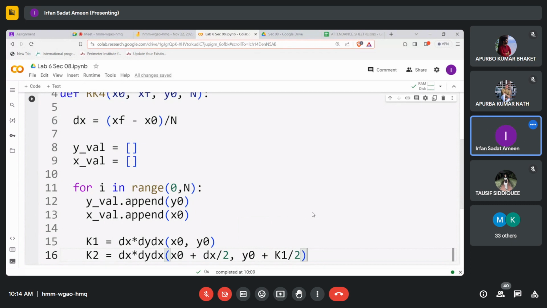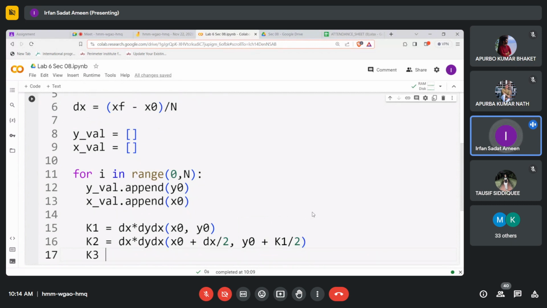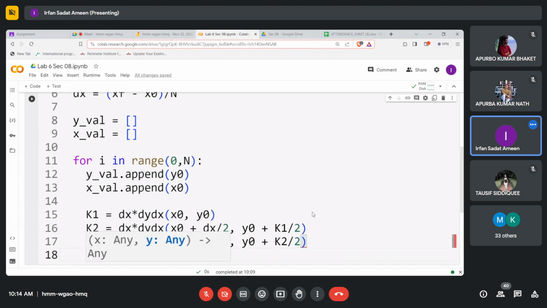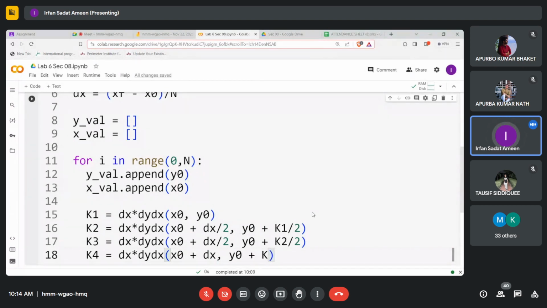This is how it goes. And then k3 কি হবে, dx times dy dx, and then you have again the same half step. You will have y0 plus, instead of k1 you'll have k2 by 2. And what did we do next? So finally dx times dy dx x0, it's a full step now, and y0 plus k3.